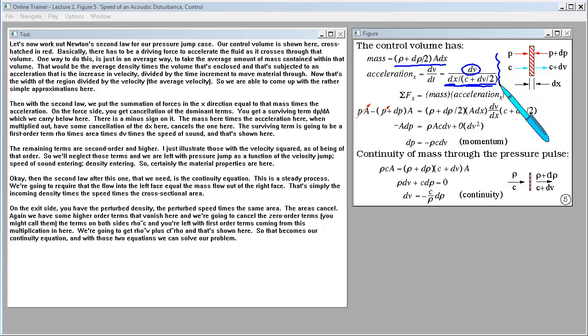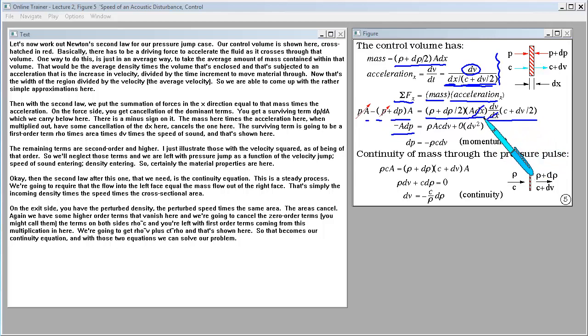Then, with the second law, we put the summation of forces in the x direction equal to that mass times that acceleration. On the force side, you get cancellation of the dominant terms. You get a surviving term, dp times A, which we carry below here. There is a minus sign on it. The mass here times the acceleration here, when multiplied out, have some cancellation. The dx here cancels the one here.